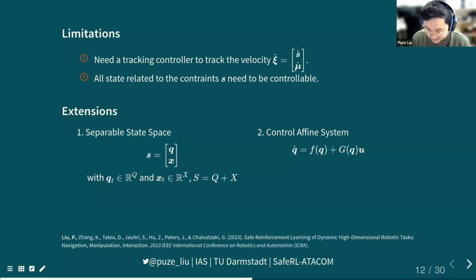One big advantage is that in most of the safety layer approaches, you either need to have a backup policy that ensures you are safe, or you need to formulate a constrained optimization problem to find the constrained actions when the constraint is unsatisfied.